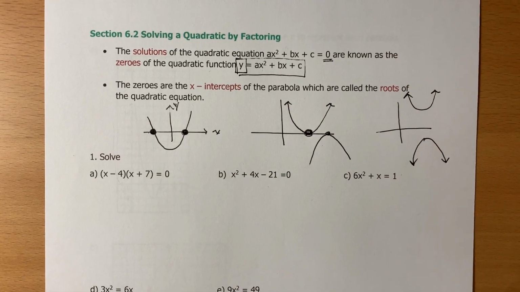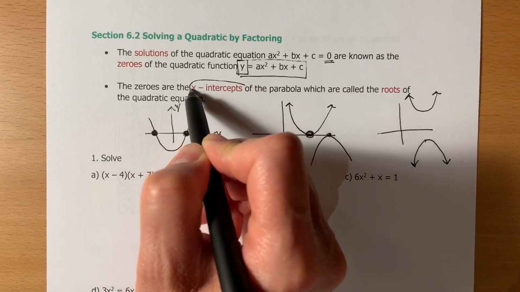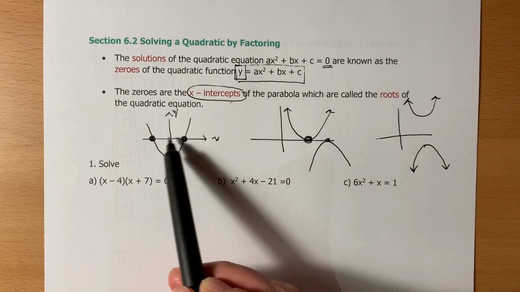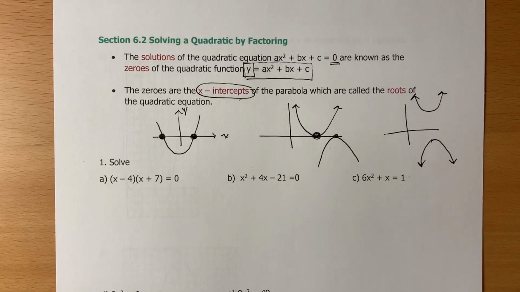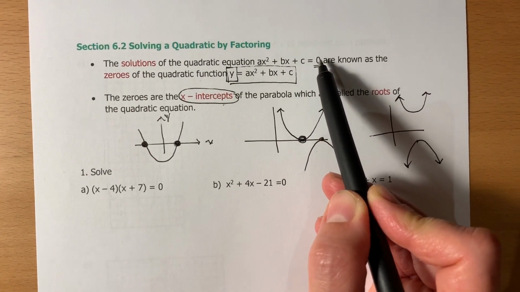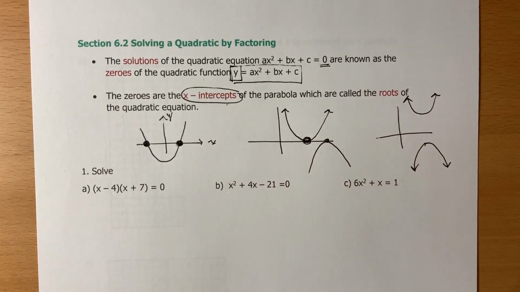Let's think about what it is that you're looking for. You're looking for the x-intercepts. If you're looking for the x-intercept, what does y equal at the x-intercept? y equals 0. So that's why your quadratic equals 0. We replace the y with 0 because we are looking for the x-intercepts.